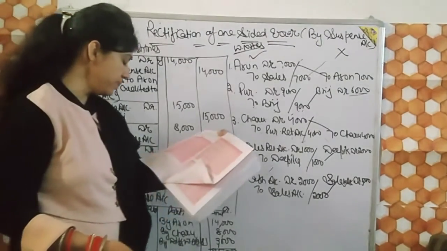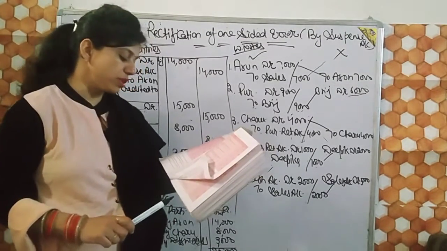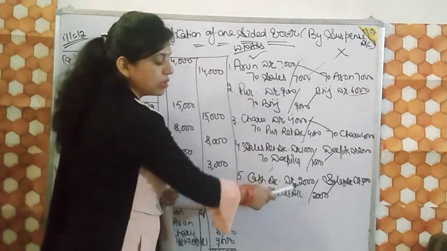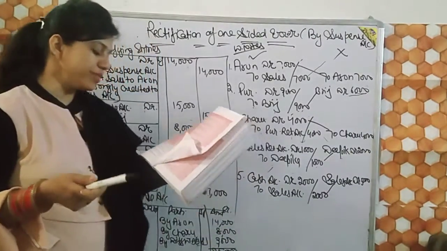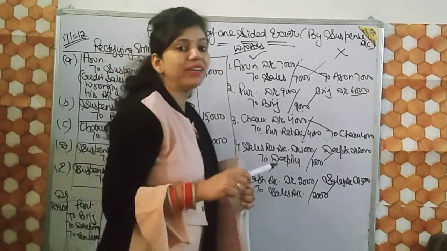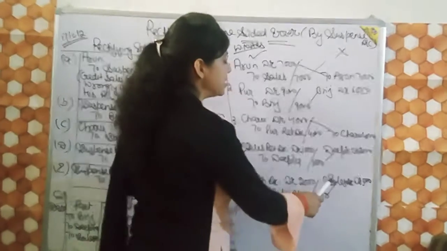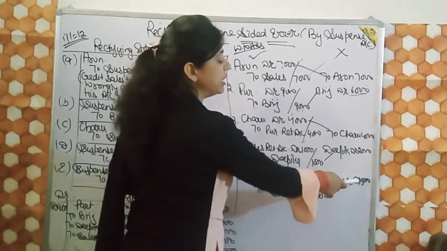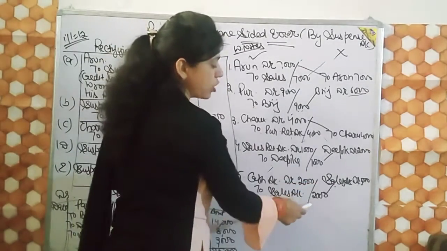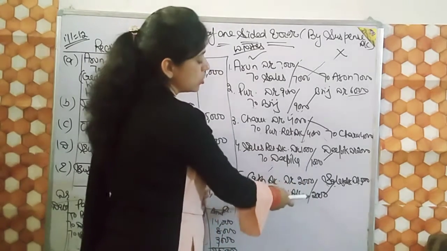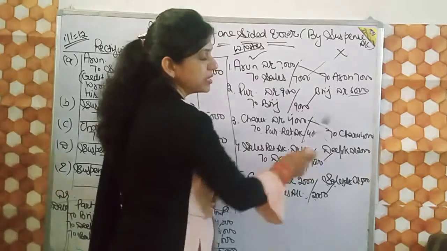Last entry is there. Cash sale 2,000. So cash sale means cash account debit to sales account 2,000. Work posted to sales account 4,000. The entry which is given after work, that is the wrong entry. So by mistake we just debited sales with 5,000. So sales is crossing. Here it is credit and here it is debit. So sales 2,000 plus 5,000, 7,000.